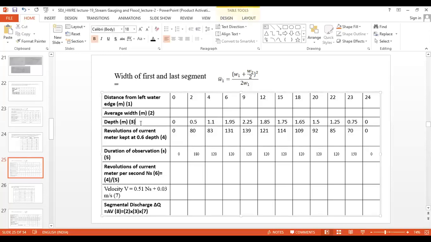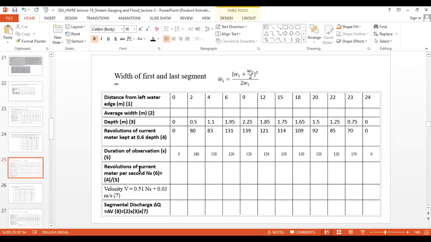Then depth, row number 3, which is given to us: 0, 0.5, 1.1, 1.95, 2.25, 1.85 likewise. Then revolutions of current meter are also given, and duration of observation is also given to us: 0, 180, 120, 120, 120 and lastly 150.